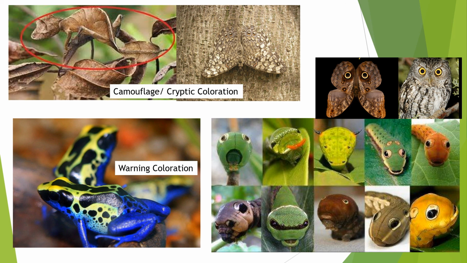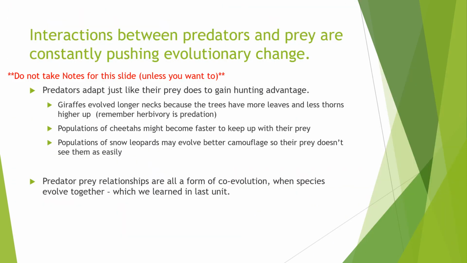So a bird might avoid trying to eat these different caterpillars because they think, well, if I go near it, the snake might eat me. So they avoid it. So it's just a type of mimicry that allows them to possibly have a better chance of survival.